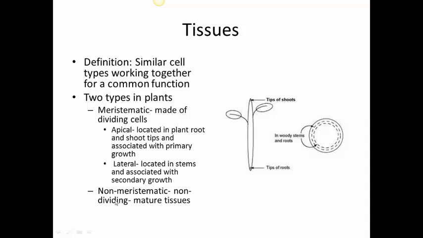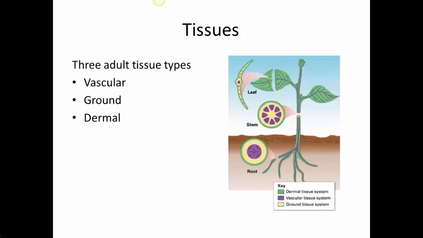The other category of tissues in plants are the non-meristematic tissues or non-dividing tissues or adult tissues. And we botanists recognize three different kinds of adult tissues: vascular, ground, and dermal tissues.